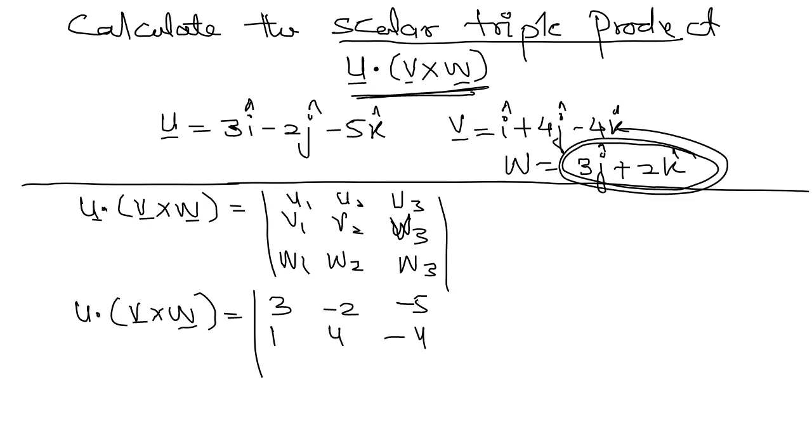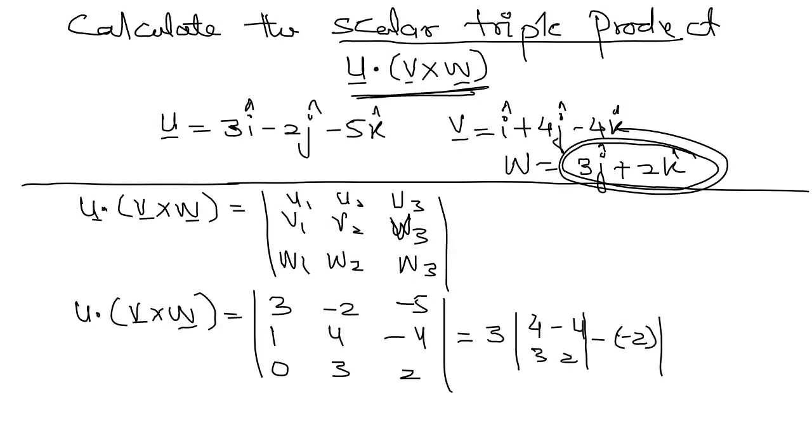There is no i here, so you have to put here 0, 3, and 2. Simplify it: 3 times the determinant of 4, minus 4, 3 and 2, minus minus 2 times the determinant of 1, minus 4, 0 and 2, and minus 5 times the determinant of 1, 4, 0 and 3.